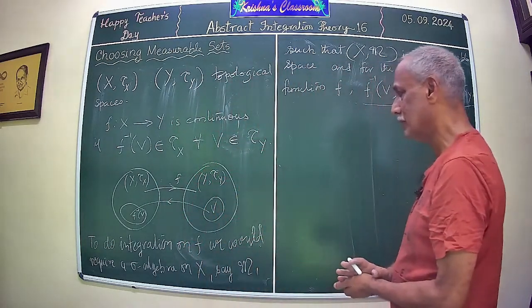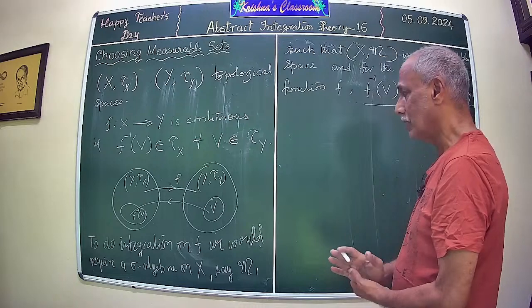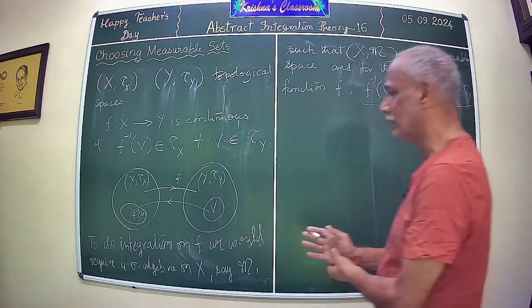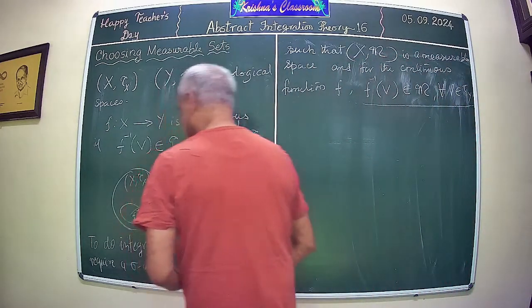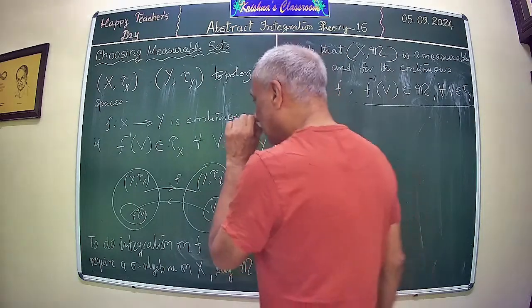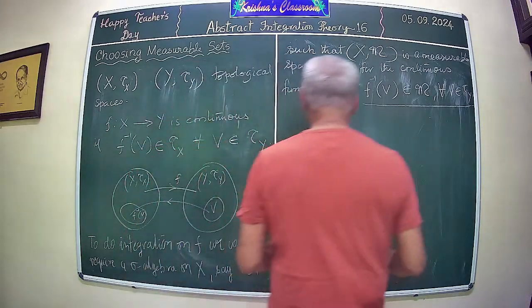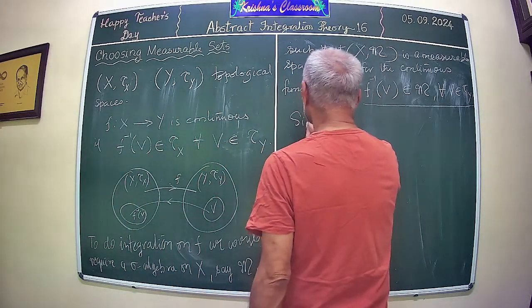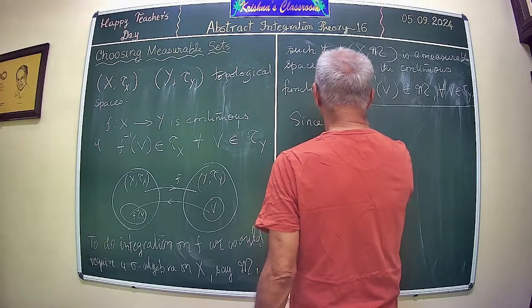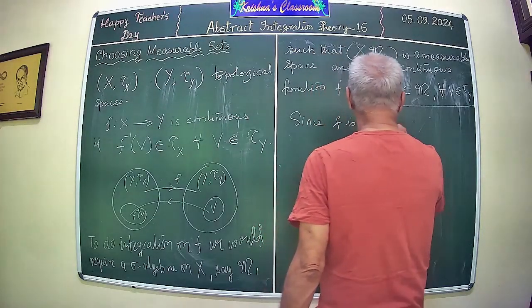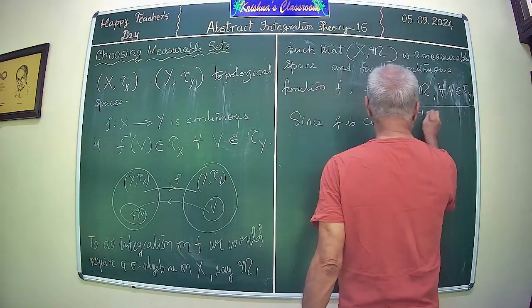Okay, after all, they are all elements, since f is continuous, f inverse of V.